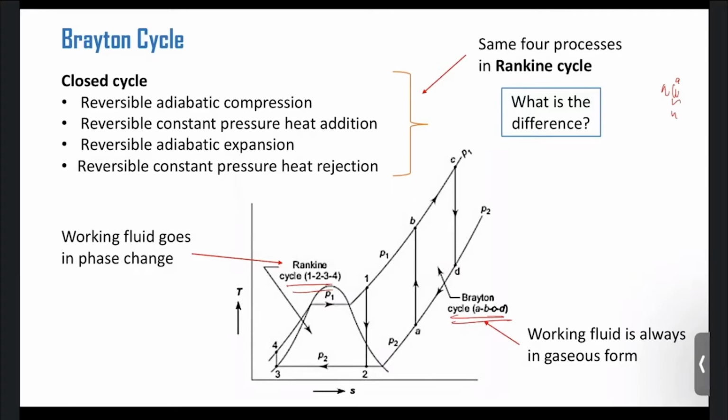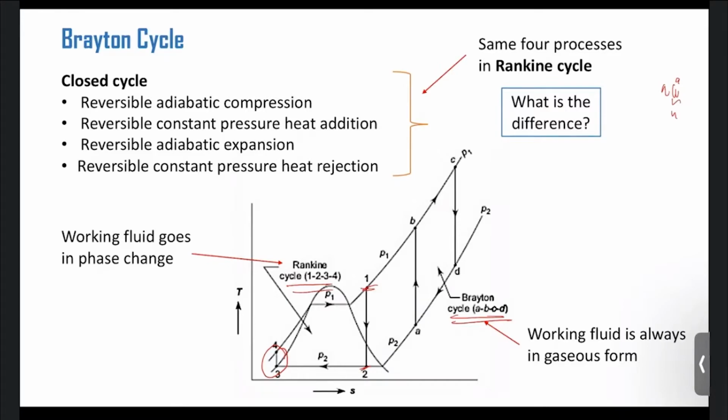But in the case of the Rankine cycle, the compression work from point 3 to 4 is very small compared to the work achieved from the turbine from point 1 to point 2. That's why Rankine cycle or vapor cycle systems are more popular compared to the Brayton cycle in power plants.